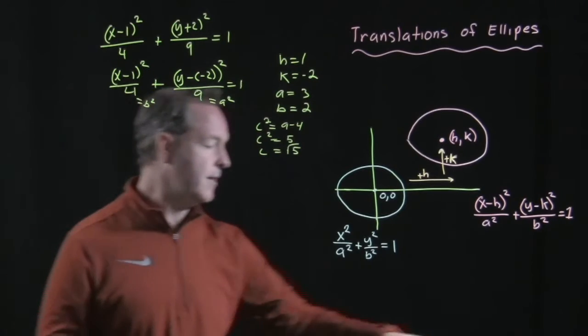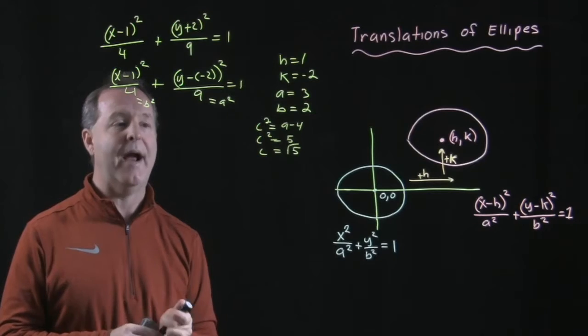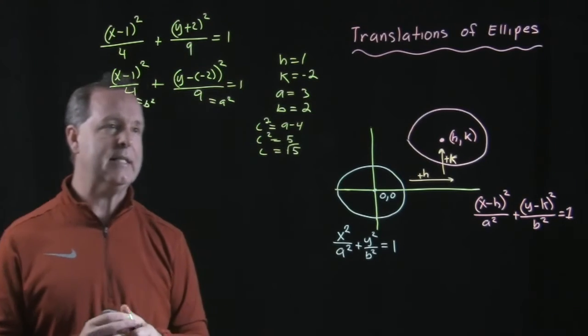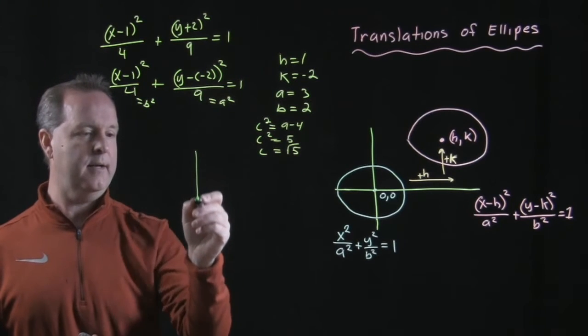All right, we have all the information that we need in order to provide a nice graph of this one. So it translates over 1 and down 2. Let's go ahead and start to draw a grid.